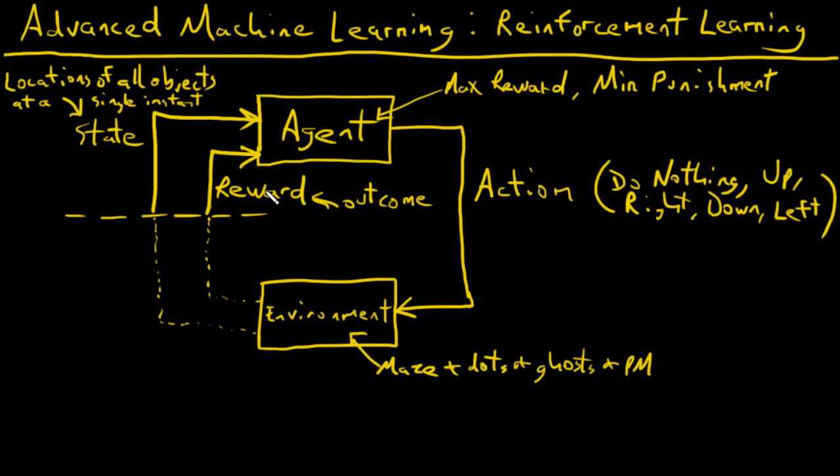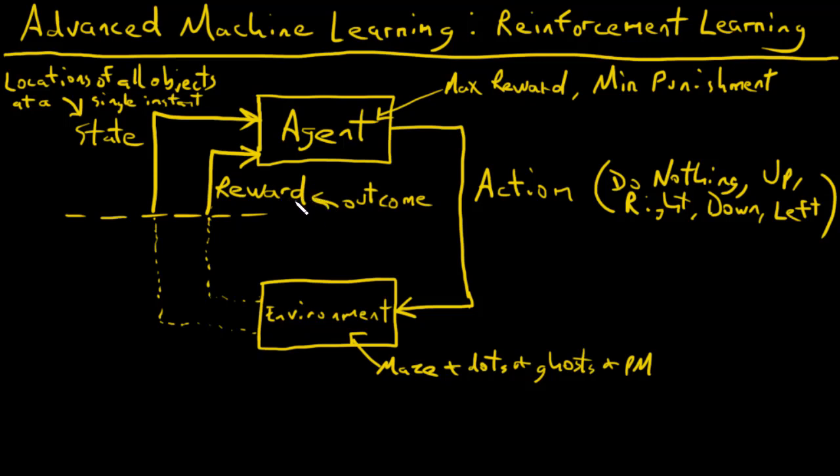So the reward is used kind of loosely to encompass all possible outcomes. We tend to think of reward as being something positive and then punishment is something negative, but in the most general sense, reward is just the outcome. All right, that's all I'll say about that.